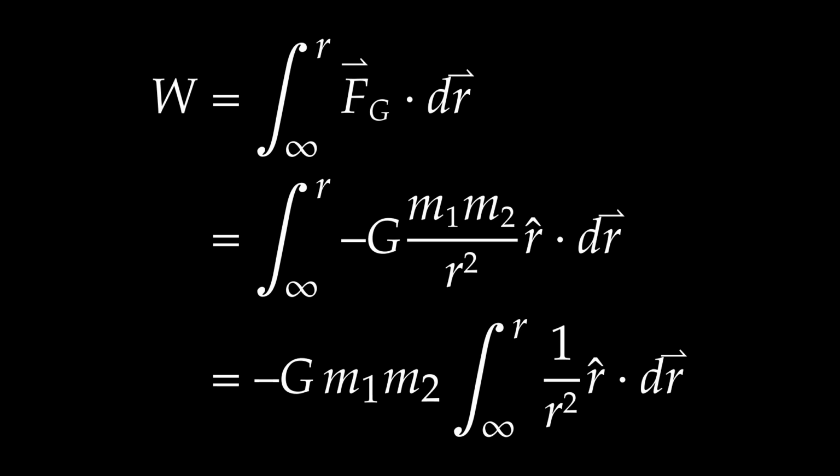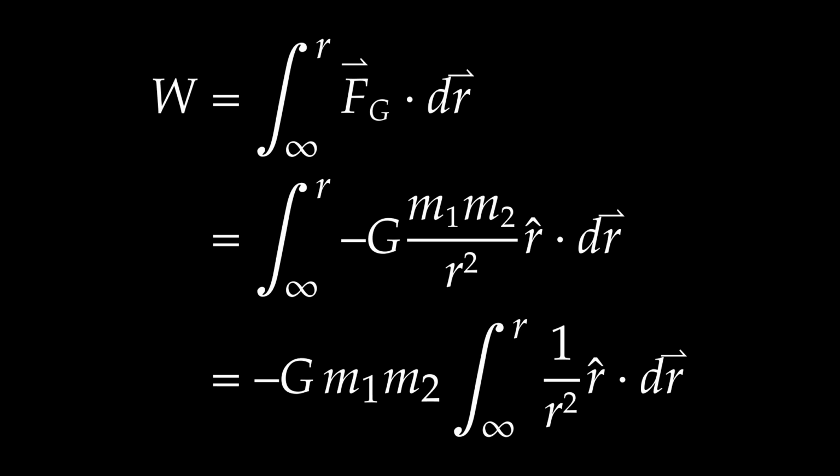As I do that, notice that the displacement vector, as I bring m2 from infinity inward, is toward the origin of my coordinate system, which is located at m1. And the r hat vector points to infinity. And so they point in opposite directions. The reason I say that is that this dot product will generate a negative sign.